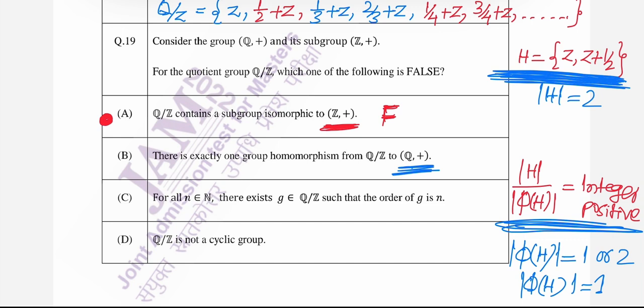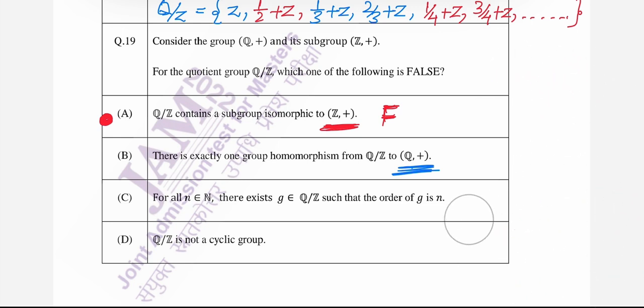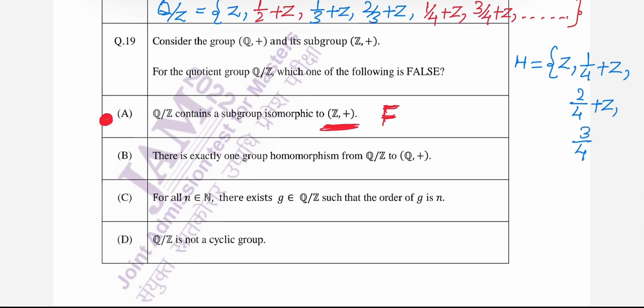If you take some other subgroup, suppose this time I take H equals to Z, 1 by 4 plus Z, comma 2 by 4 plus Z, comma 3 by 4 plus Z.